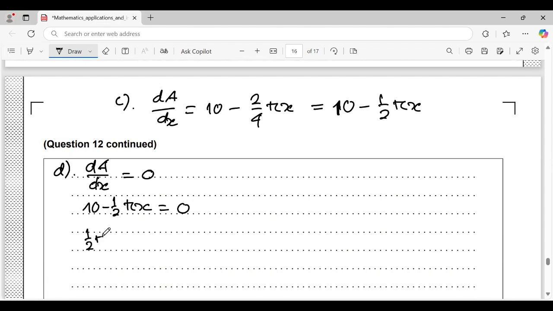So 1 half pi x equals 10. So x equals 10 times 2 over pi, which is 20 over pi. This is the x maximum.